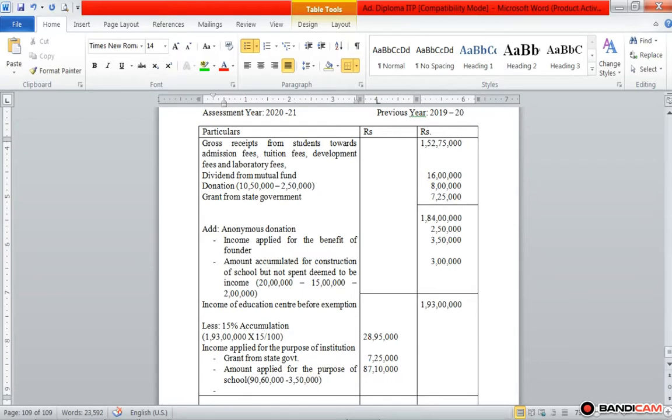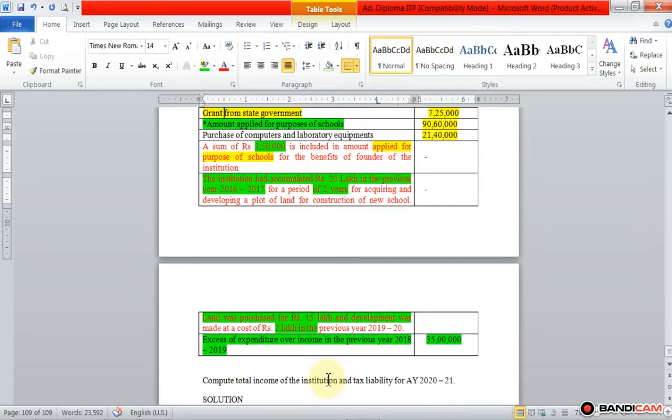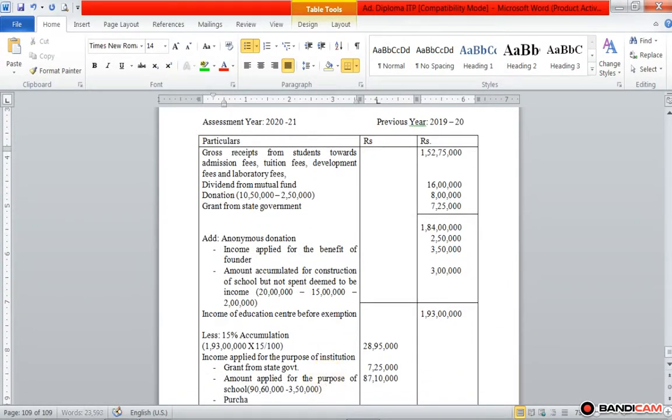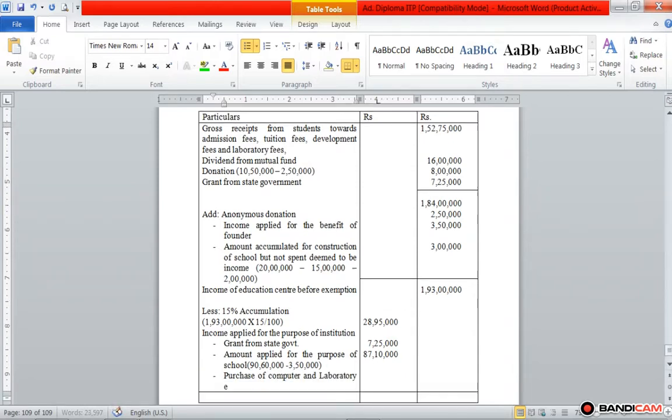Then another application of income is given, that is purchase of computer and laboratory equipment amounted rupees 21 lakh 40,000.